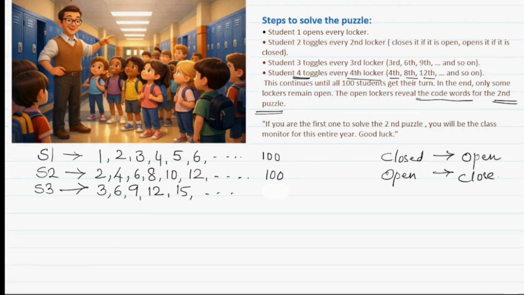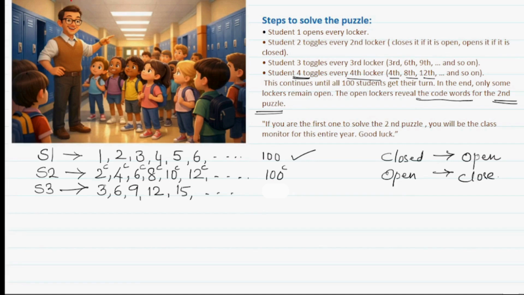With these steps, we understood that student 1 opens all the 100 lockers. Now student 2 toggles every second locker, and these are all open, so student 2 closes 2, 4, 6, 8, 10 like that till 100. Now student 3 touches these lockers.